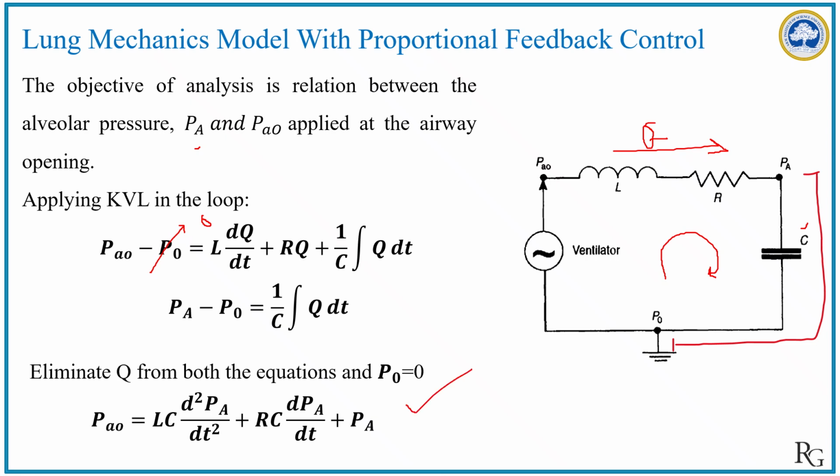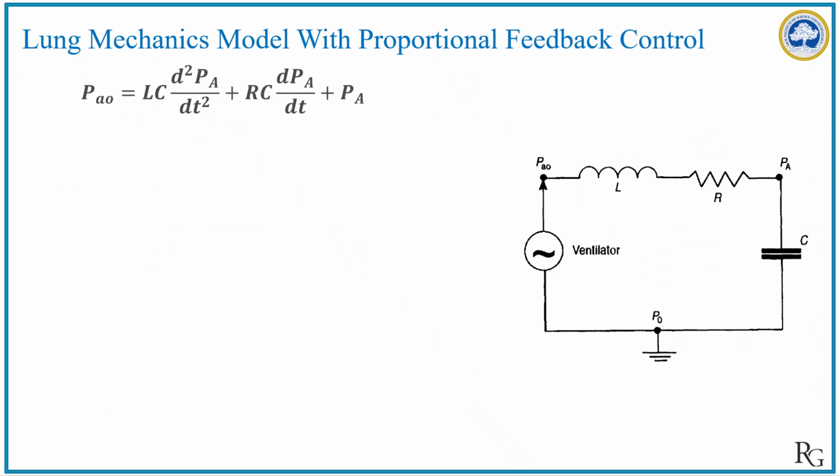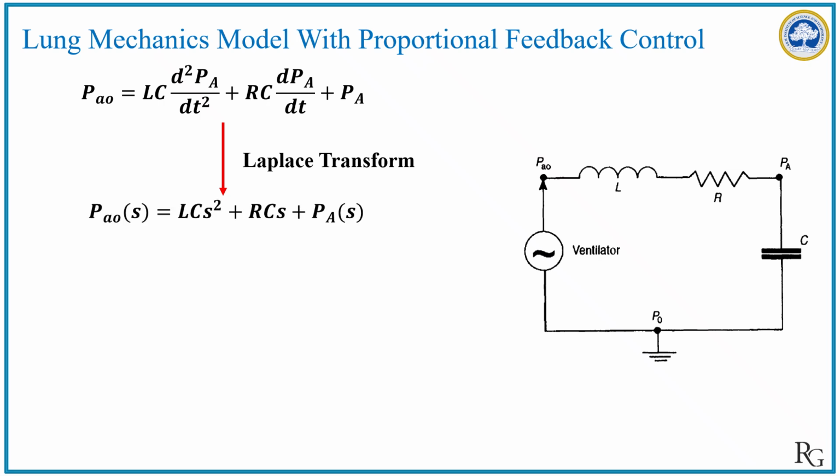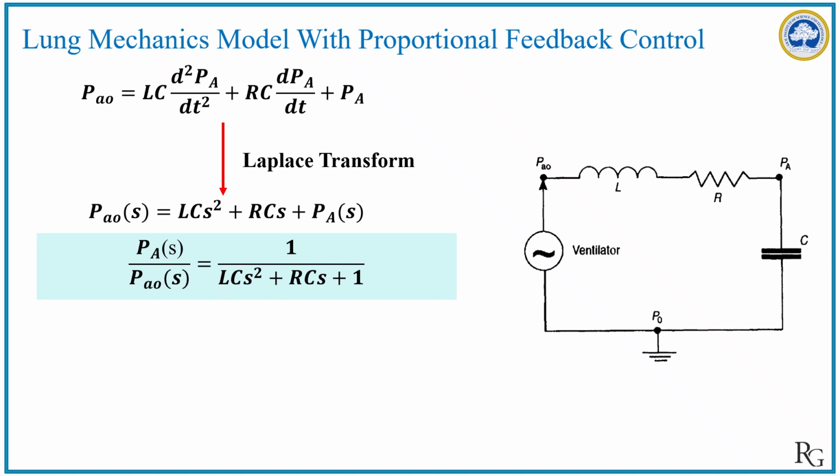If we take the Laplace transform of this equation, we can estimate the transfer function for the given system. PA is the output pressure and PAO is the input pressure. The transfer function comes out as 1 upon LCS square plus RCS plus 1. So it is a second order system.